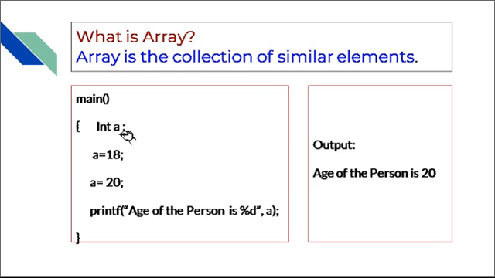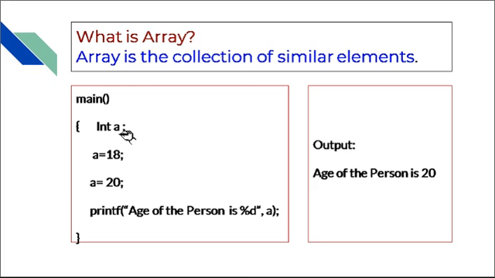Second one is it is capable of holding only integer elements. Third one is the size of the location is 2 bytes. Fourth one is it is a simple variable. It's a normal variable. It is capable of holding only one value at a time.